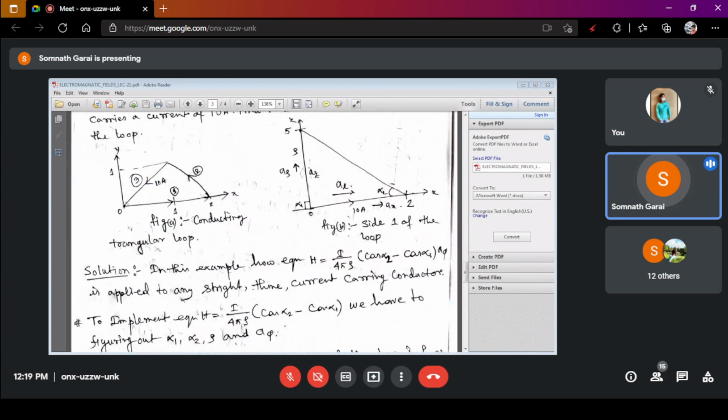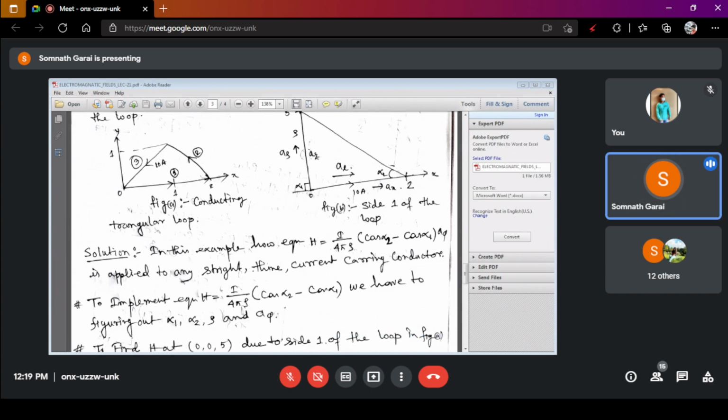So if we take this side number 1, it is represented within the 0 and 2 coordinates, and from this side a current flows whose value is 10 ampere.